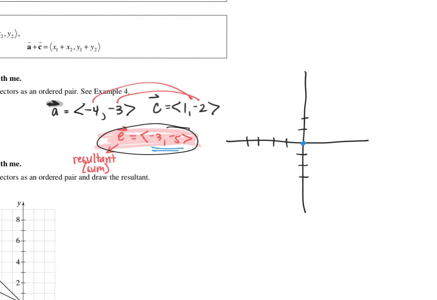Okay, but I want to show you something. So let's draw first vector A. So vector A is -4, components -4, -3. Okay, so vector A looks like that. And vector C is at 1, -2, but we're adding A and C. So vector A happens first, and then vector C happens next.